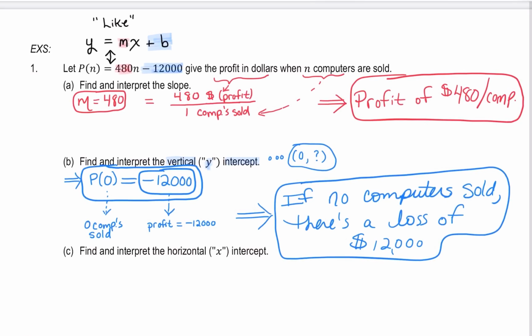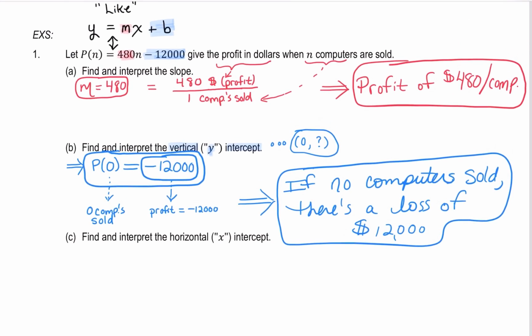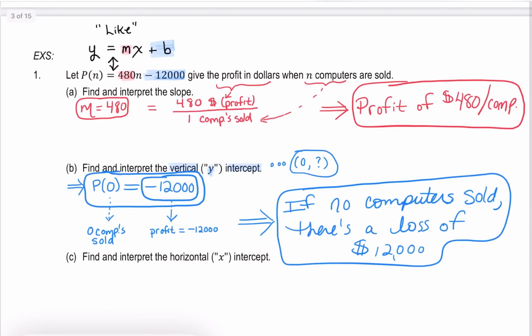All right, find and interpret the horizontal or the x-intercept. So let's think about what the horizontal, what's typically the x here, it's like the n-intercept. Before now, we would say, that's where I sub in 0 for y, and I figure out what the input, or the x value here, the n value would be.